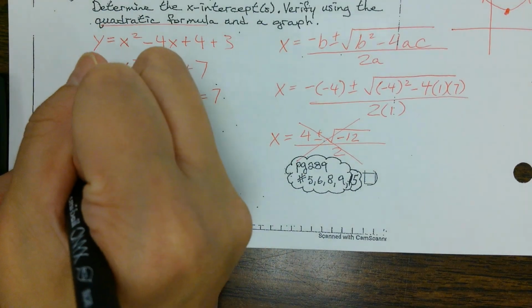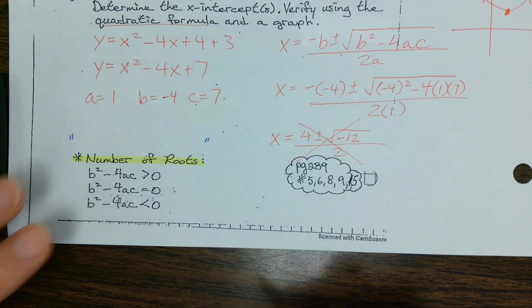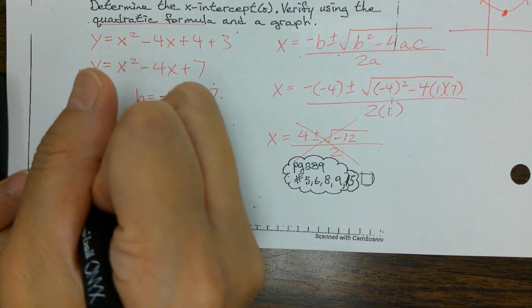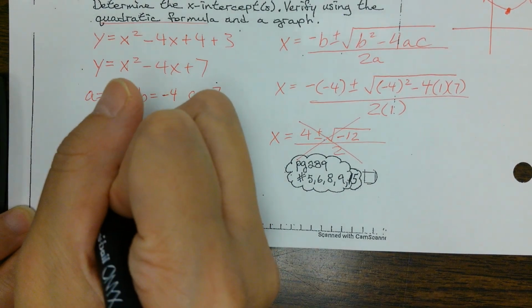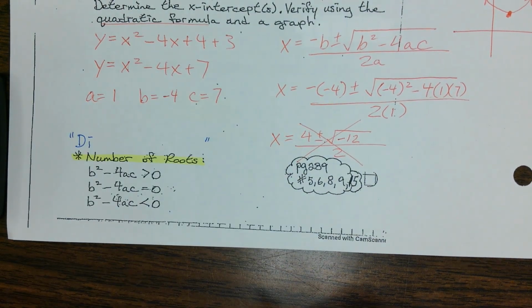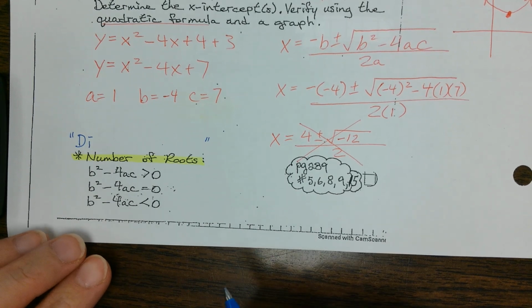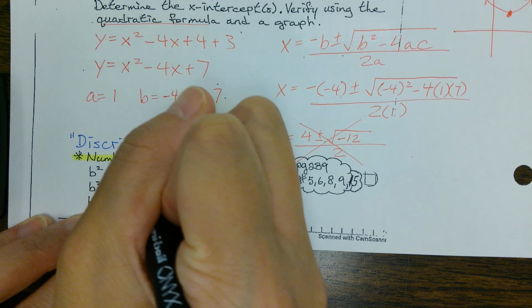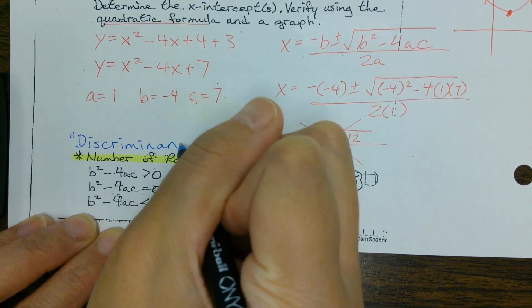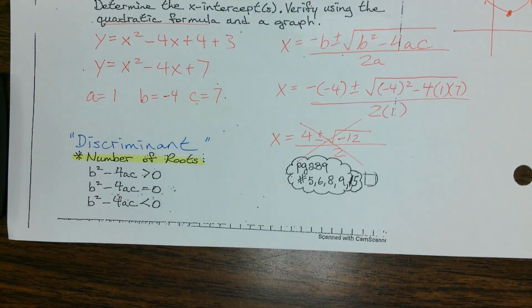And because it's so special, there's a special name for this. It starts with a D. Anyone know? Ryan, do you know? D. Yeah. Discriminant. Sounds so fancy.